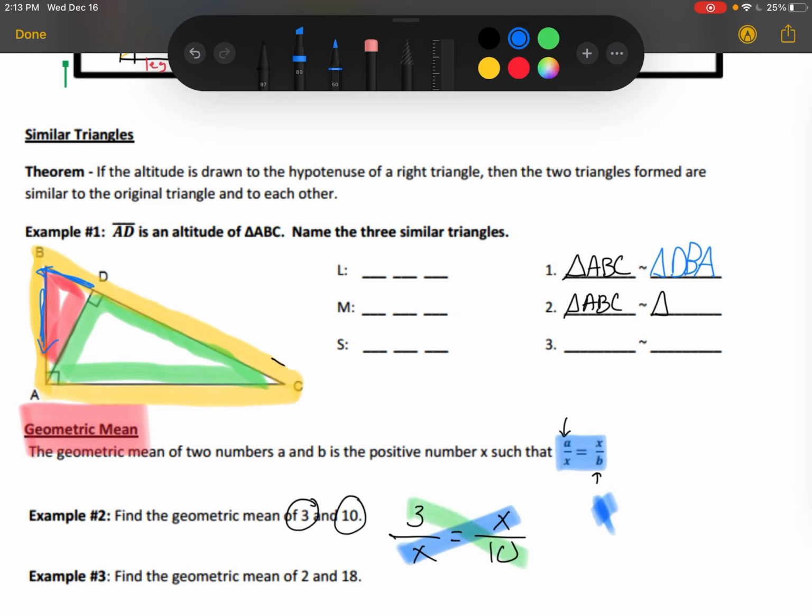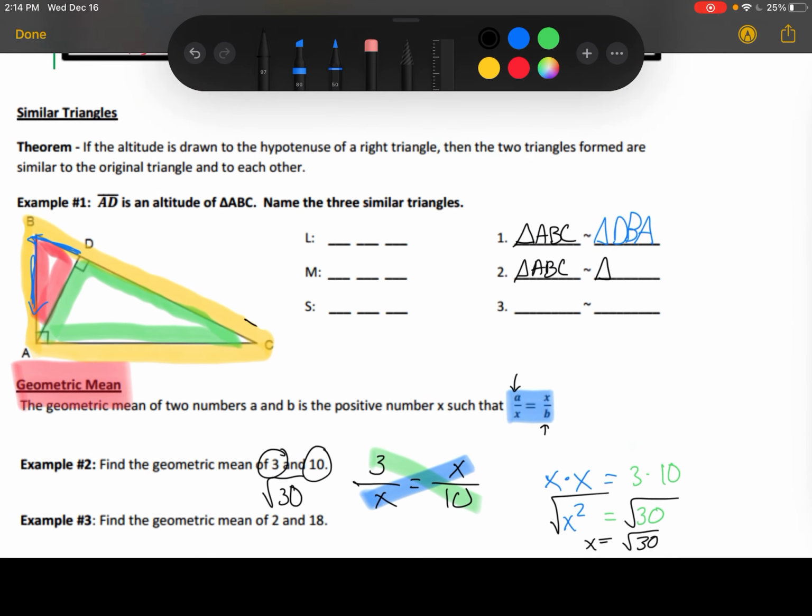So x times x, or x squared on one side, and then our green on the other side is 3 times 10, or 30. So we get x squared equals 30, and then we can finish solving this, and we'll solve for x. So x is the root of 30, and that is the geometric mean of 3 and 10, is the root of 30.